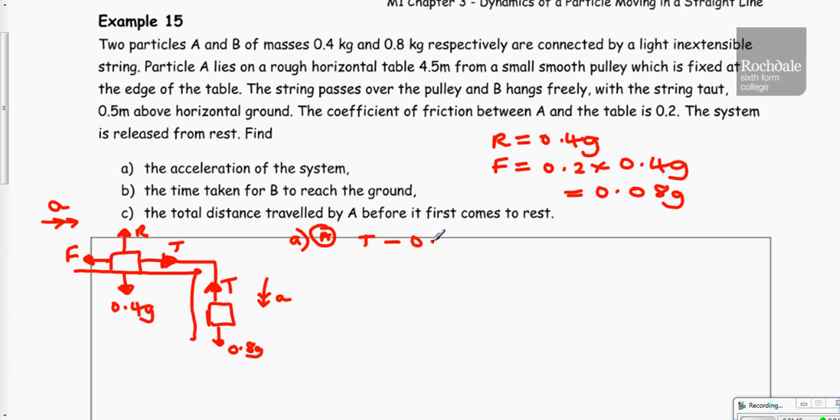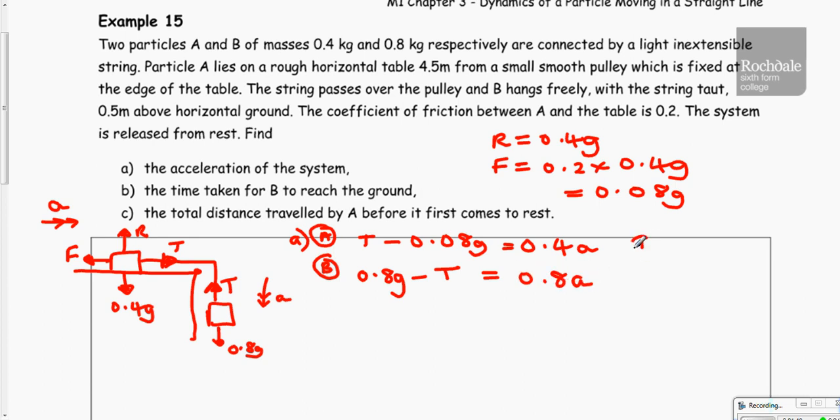We've got friction, which we've just worked out, acting backwards. And that's equal to the mass, which is 0.4, multiplied by the acceleration, which is what we have to find. Do the same thing for particle B. This one's accelerating downwards. So 0.8 g downwards, tension is holding it back, and that would be 0.8 a.